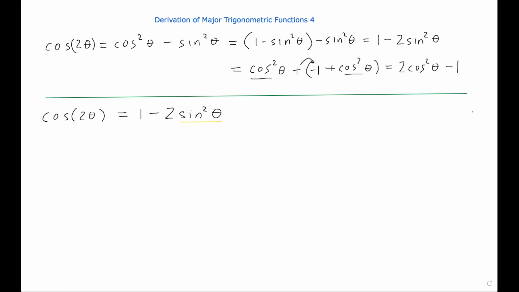So what I'm going to do, just to keep it orderly, I'm just going to rewrite it. I'm just going to turn it around. So I'll write 1 minus twice sine squared theta equals cosine of twice theta, or 2 times theta.